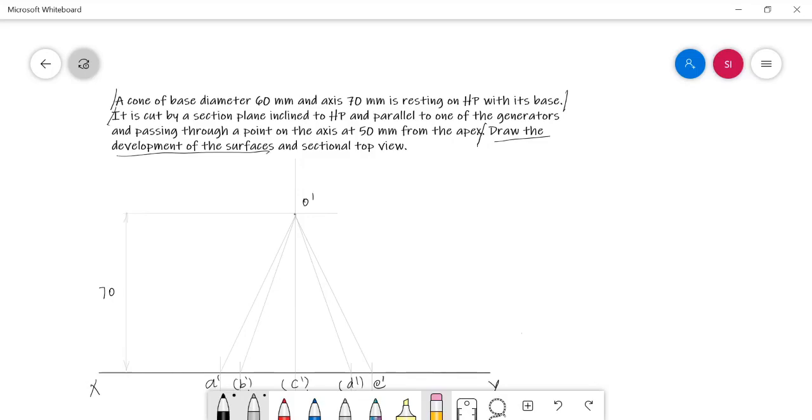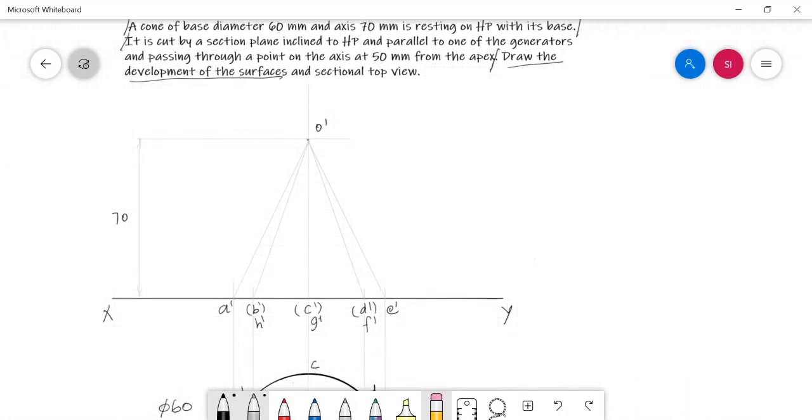See here in the solid, a number of generators are there in the lateral view. For example, this generator, and there are also two generators coincident with each other, that is O dash H dash and O dash B dash. Here O dash C dash and O dash G dash, again O dash D dash and O dash F dash, and finally O dash E dash.